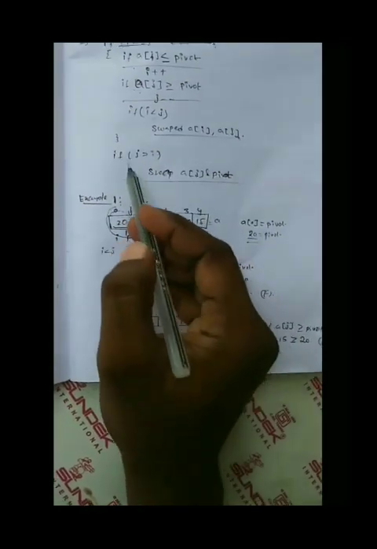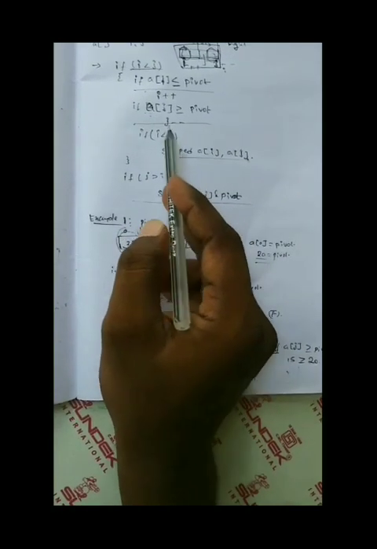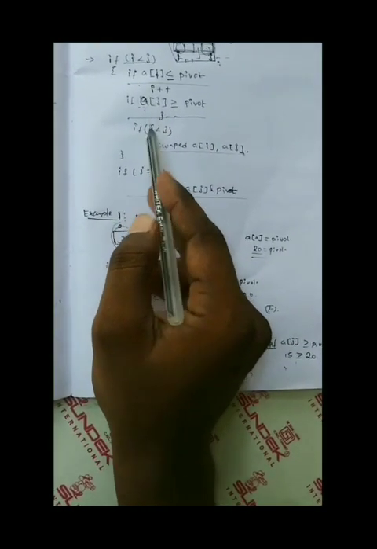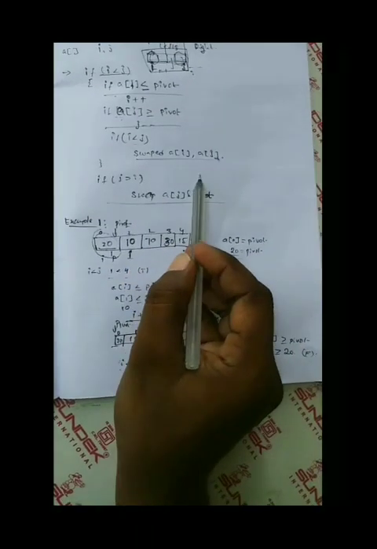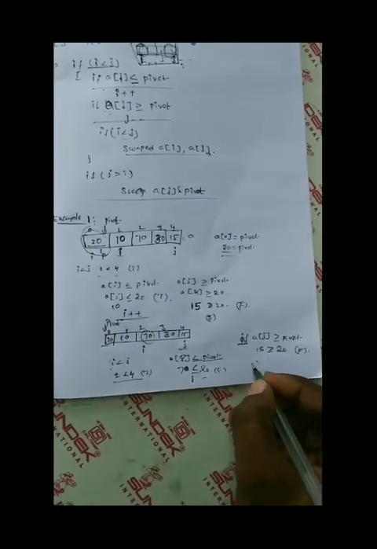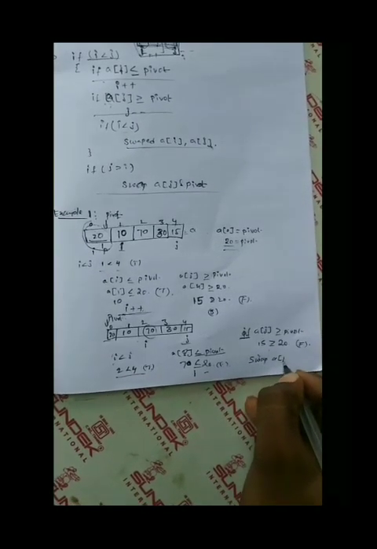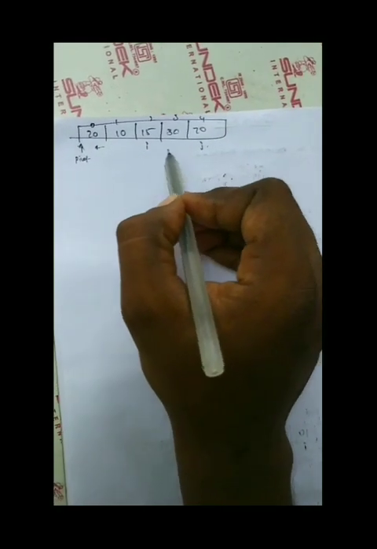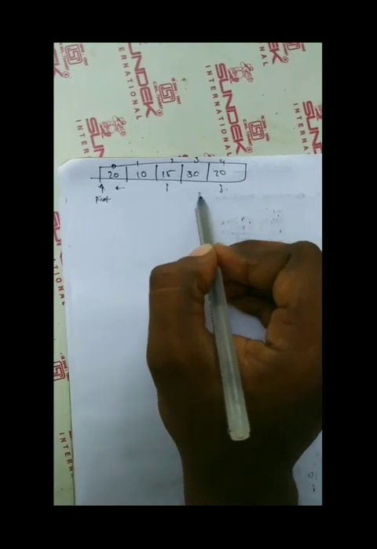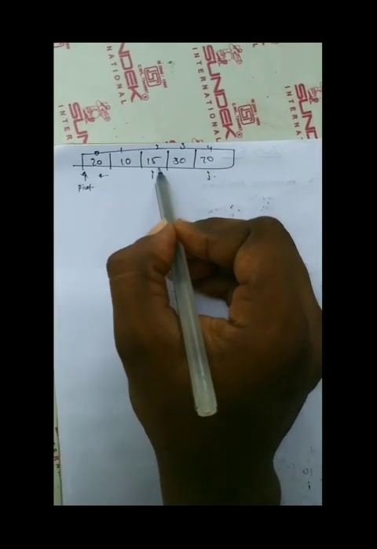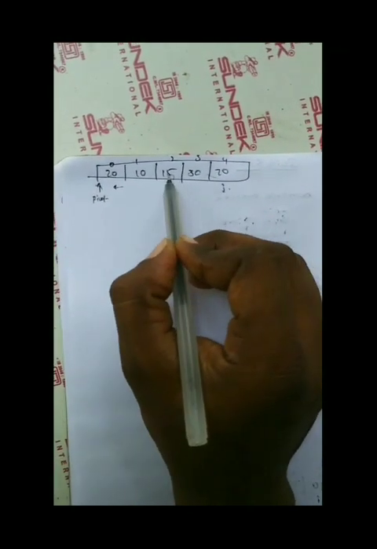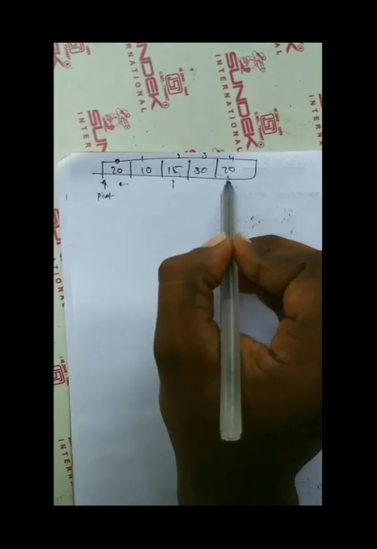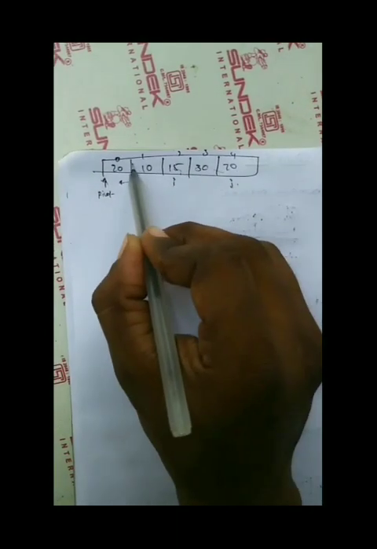So if these two conditions are not satisfied, that means the I and j positions are not changed, then swap the A of I and A of j values. So we can see the resulting array after swapping. That means the positions of I and j are not changed. Why? Because 15 is less than 20 and 70 is greater than 20, which is the pivot element.